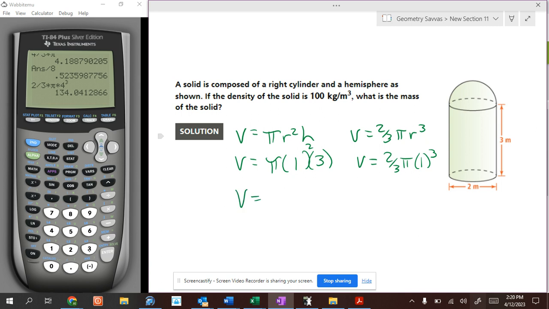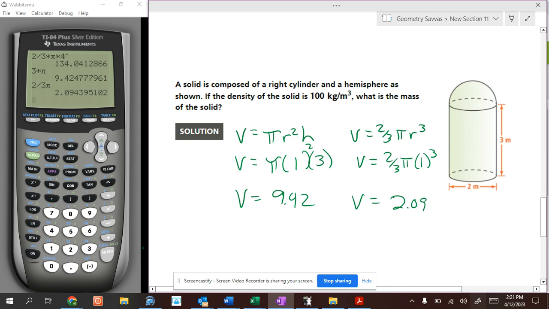So the bottom part is 3 times pi, which is 9.42. Volume of the top part is 2/3 of pi, which is 2.09. We add them together, it's 11.51.